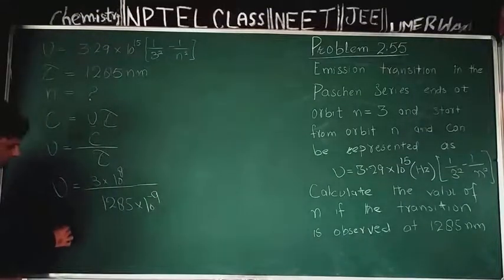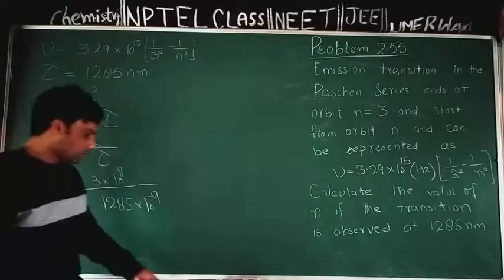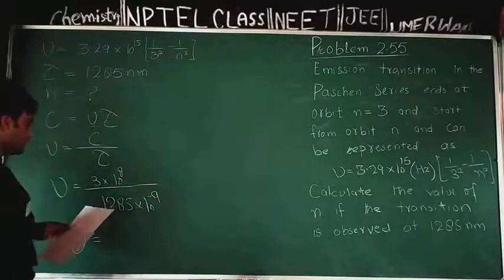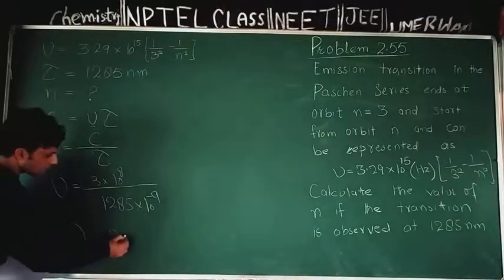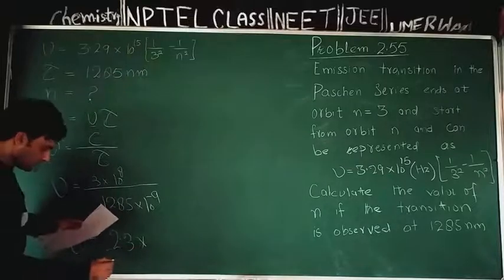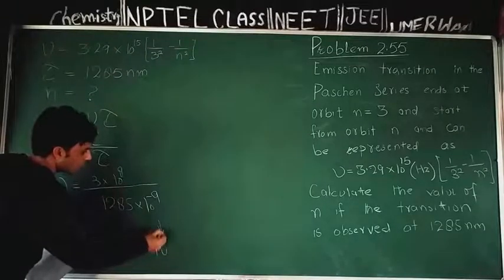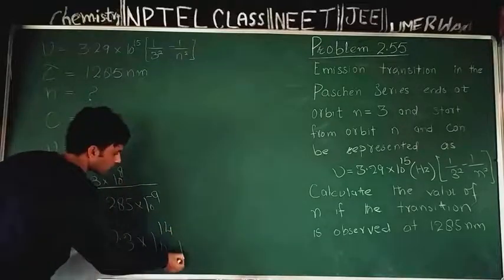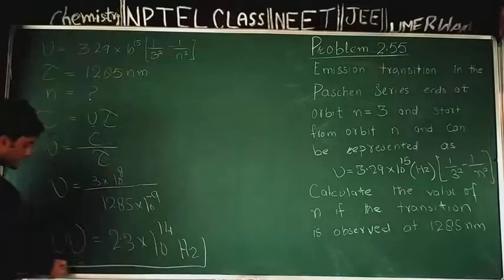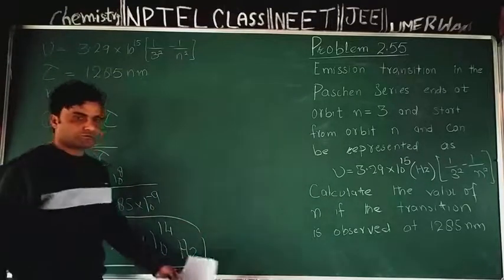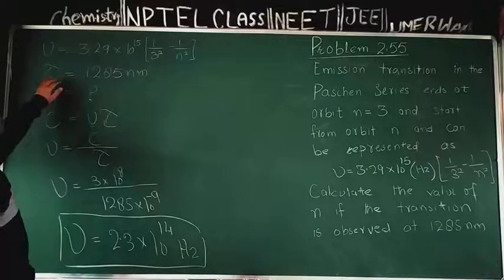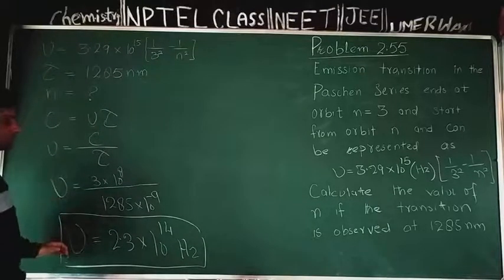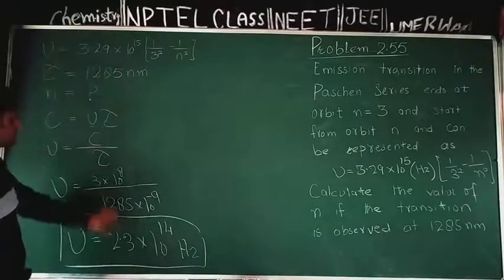After evaluating, frequency comes equal to 2.3 into 10 to the power 14 hertz. So idea was to express wavelength of radiation in terms of frequency, and now I can substitute this value of frequency here.